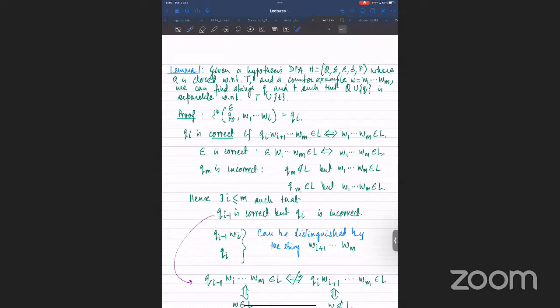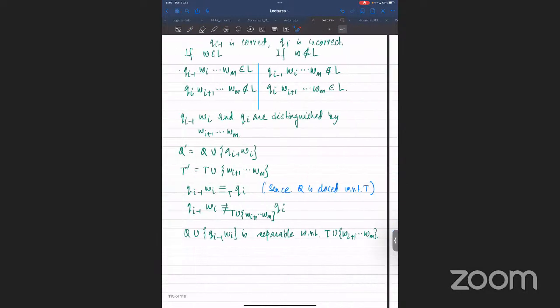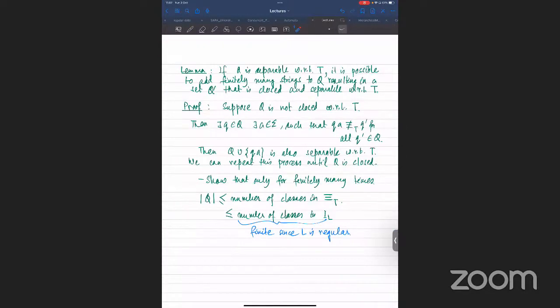Based on that, you can add a string to set Q, you can add a test string to set T, and then by this lemma, you can further add new states to the set Q until the set becomes closed and separable.